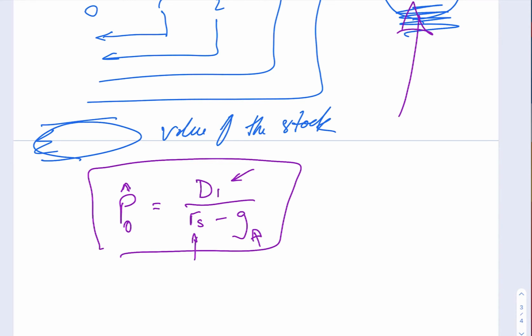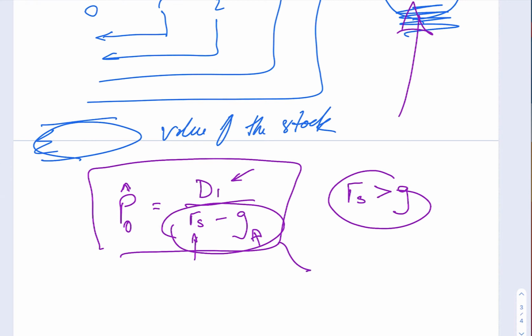Now keep in mind, this formula and this model only works when RS is greater than G. You see that? Because if this wasn't the case, this denominator would be negative. That wouldn't make sense, because then you'd get a negative stock price, right? You don't have negative stock prices.